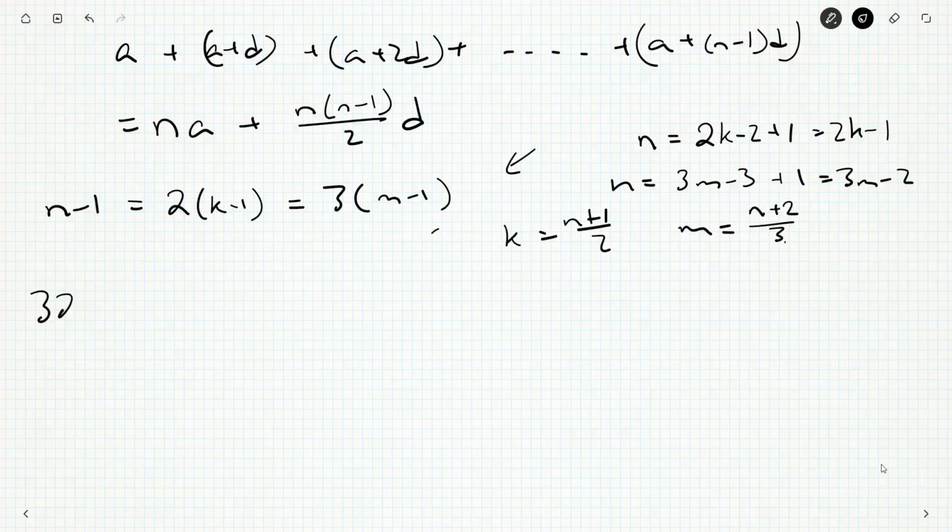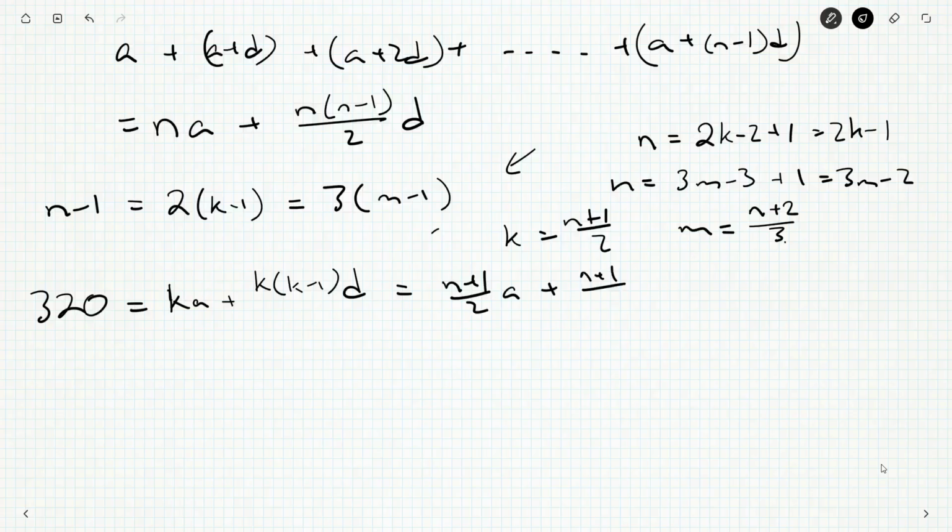Okay, so I know 320 is ka plus k minus 1, d. But then that means it's n plus 1 over 2 a plus n plus 1 over 2, n minus 1 over 2, d. 224 is ma plus 3 halves m minus 1, d.